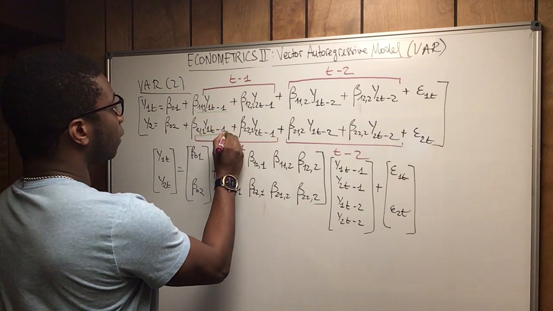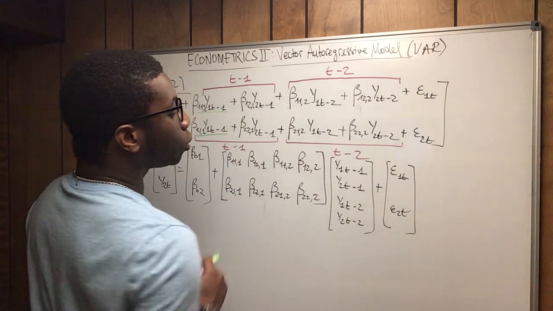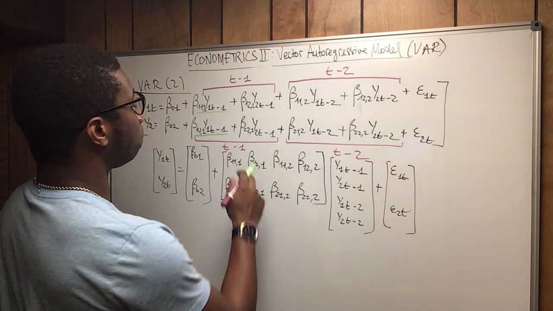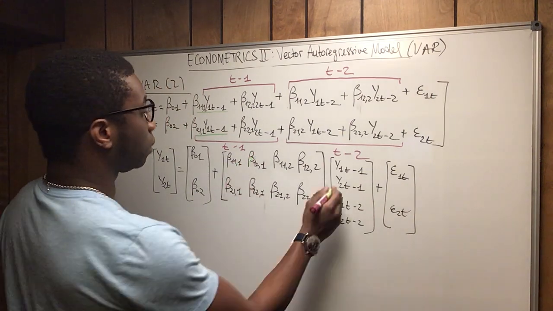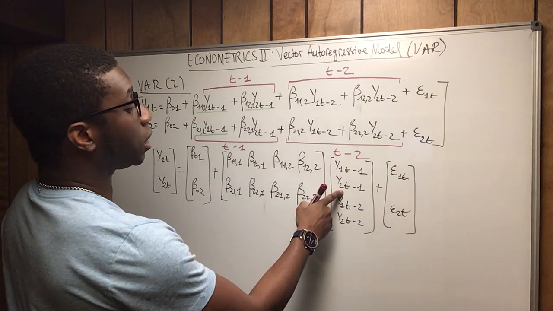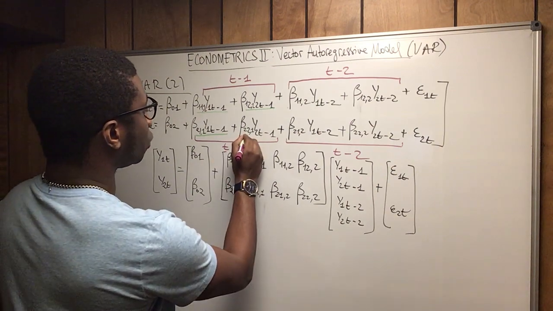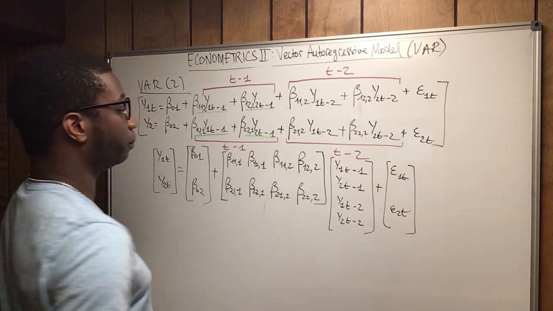That's what we have here. y2t minus 1 times beta 12 comma 1, that's what we have here. y2t minus 1 times beta 22 comma 1, that's what we have here.